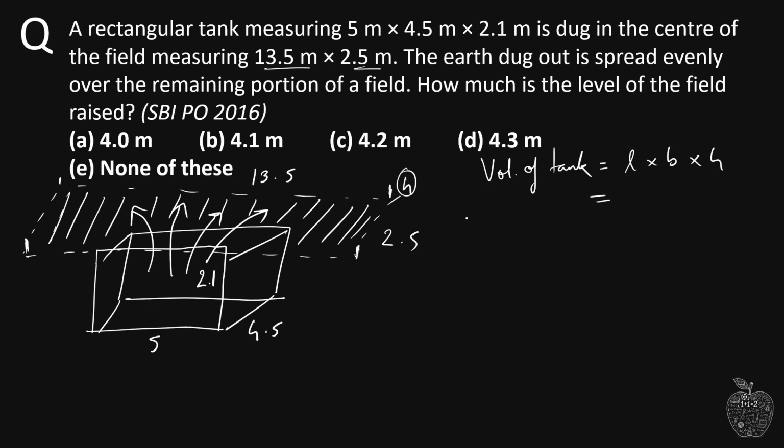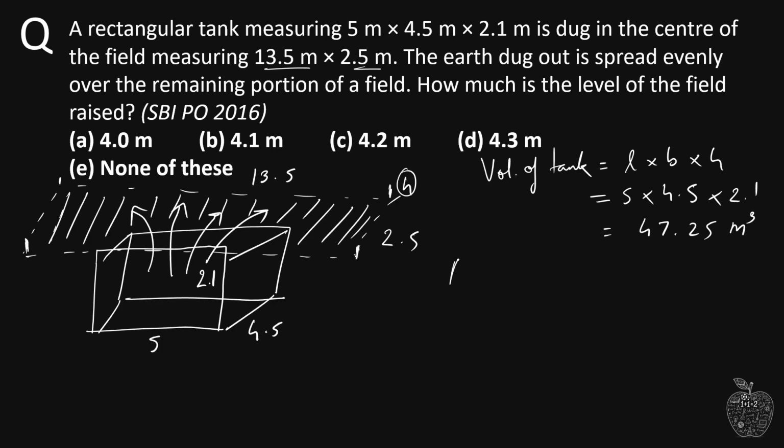Length is 5, breadth is 4.5, height is 2.1, and after calculating we get 47.25 meter cube of sand to be spread out on the remaining portion of the land.